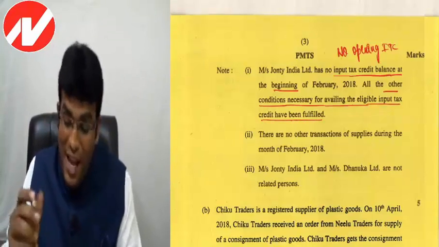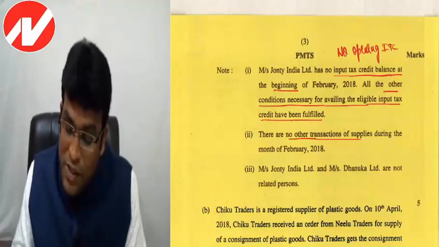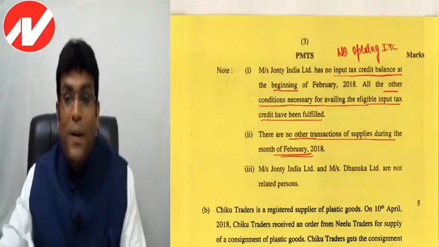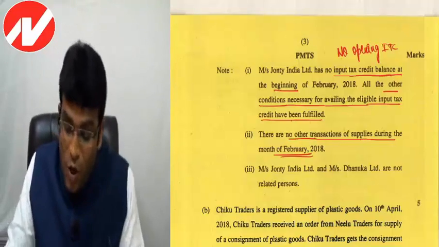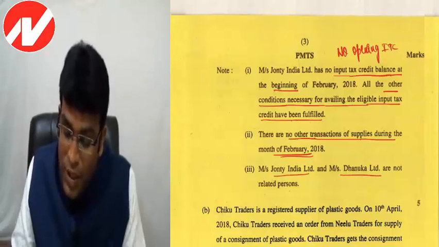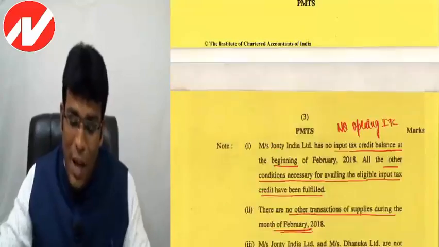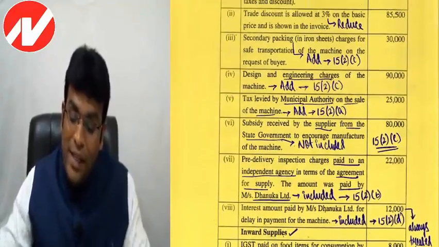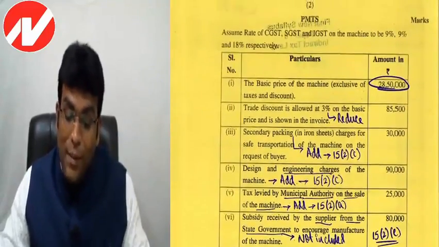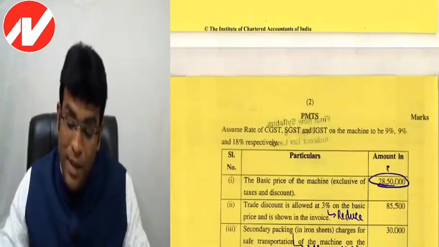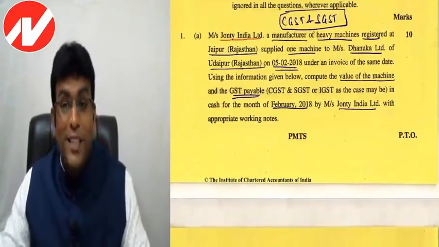Very good. There are no other transactions of supply during the month of February, and moreover, John T India Limited and Dhanuka Limited are not related persons. That's all. A pretty simple and easy question which came in the exam for 10 marks.